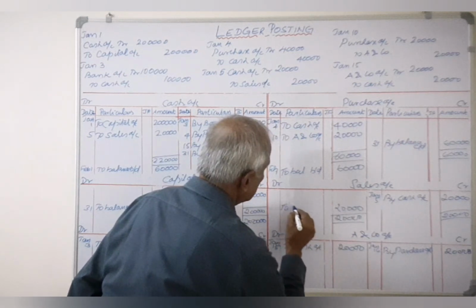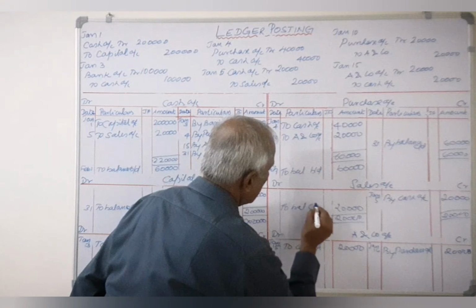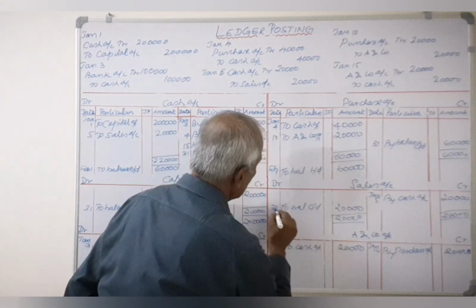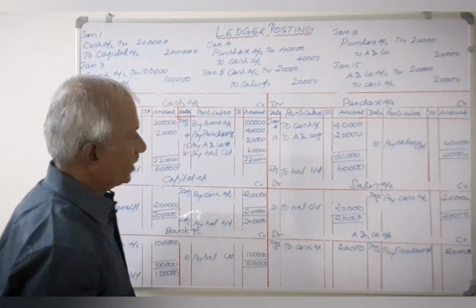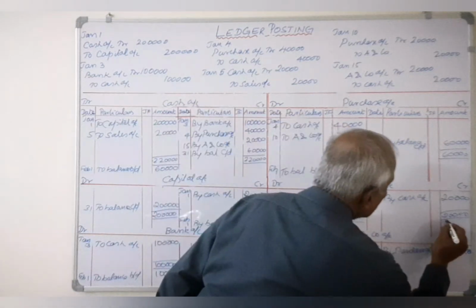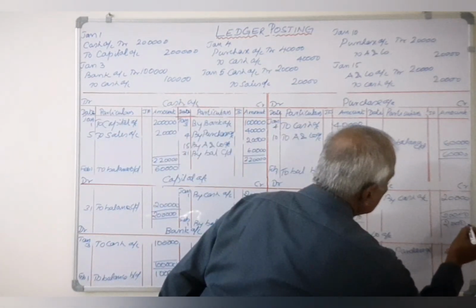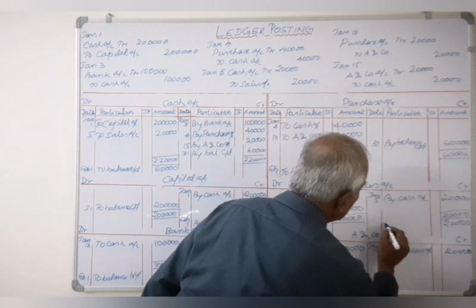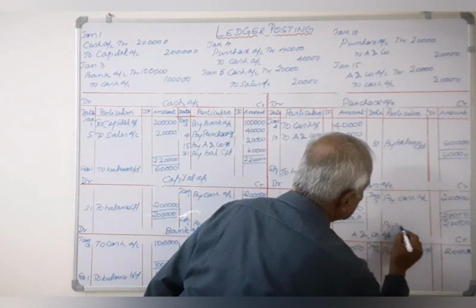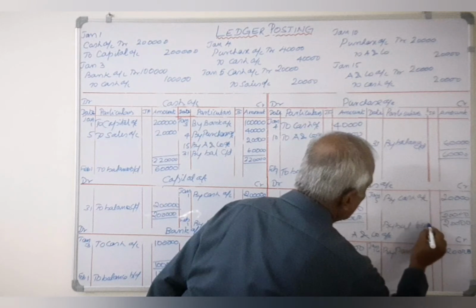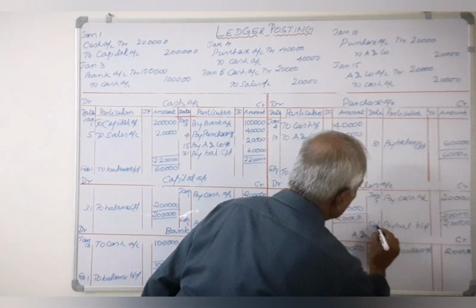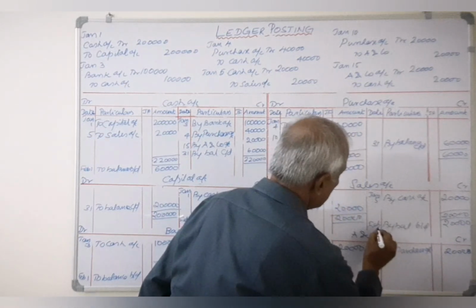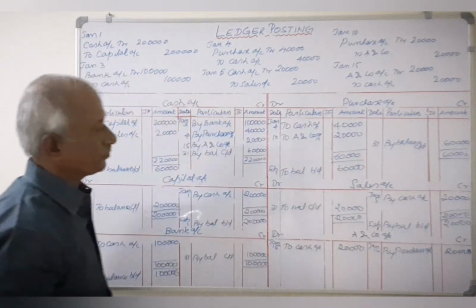Against it you write "To balance carried down". Carried down is always the last date of the month. And record the same amount on the opposite side below the totals, and against it you write "By balance brought down". This is the first date of the next month.